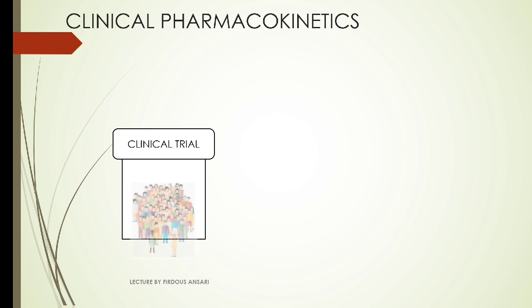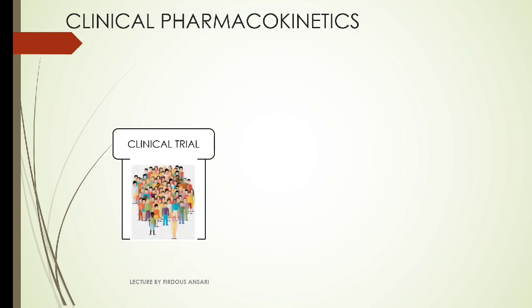Now, in a clinical trial or during a drug development process, large numbers of patients are enrolled in clinical trials in order to determine efficacy and optimum dosing regimens for a drug. These recommended dosage regimens produce the desired pharmacological response in the majority of the patient population.